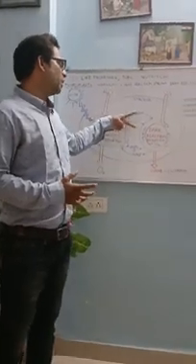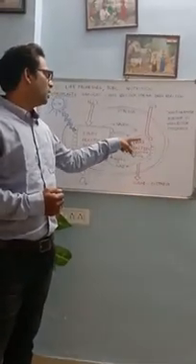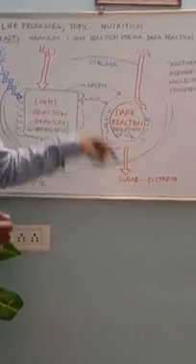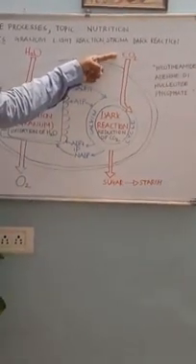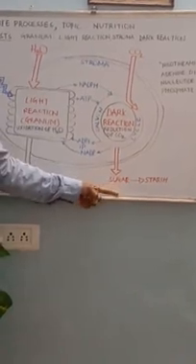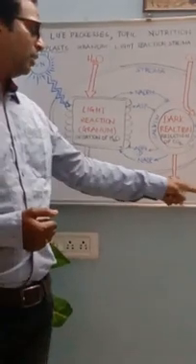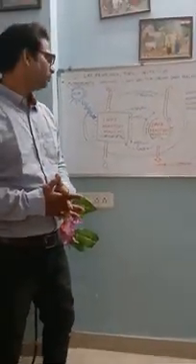Now these two energies are used during dark reaction inside stroma. Why and how they are used: obviously for reduction of carbon dioxide into carbohydrates, that is sugar in the beginning, which is later on converted into a complex form which we call starch.